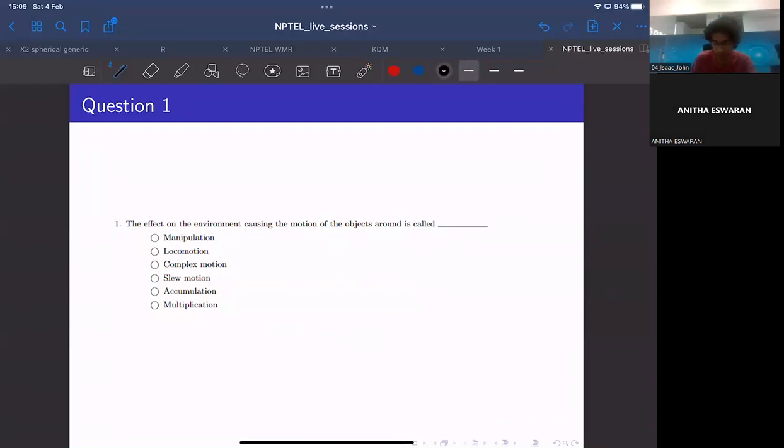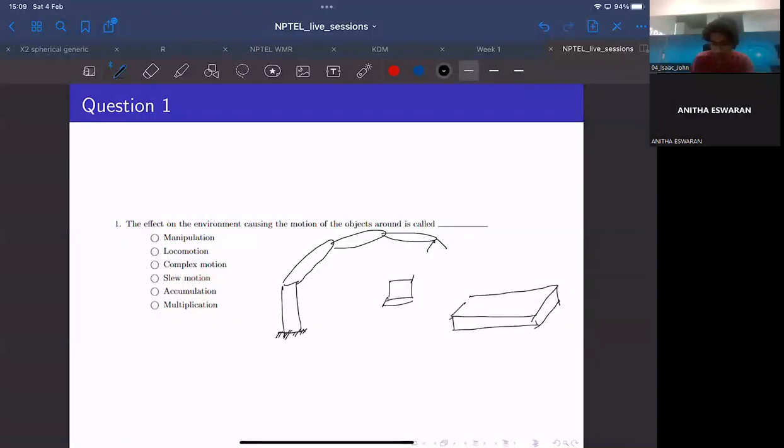In robotics, one is locomotion, another one is manipulation. Locomotion is when the object starts moving around. Manipulation is when it's fixed at one point and it starts moving the objects around. Now you got it.